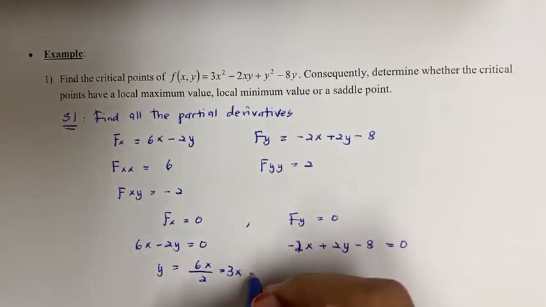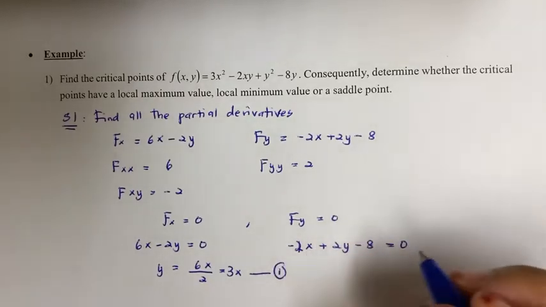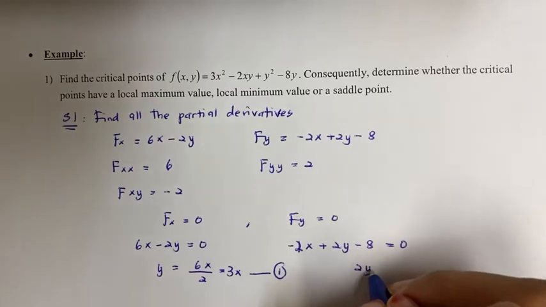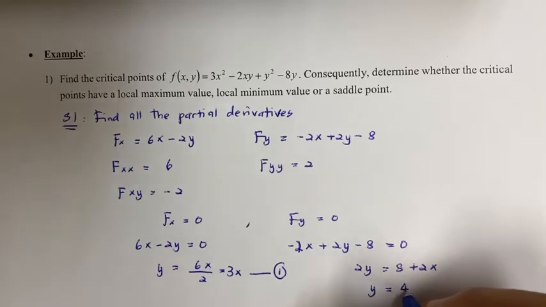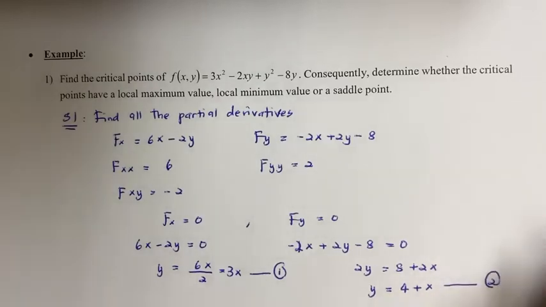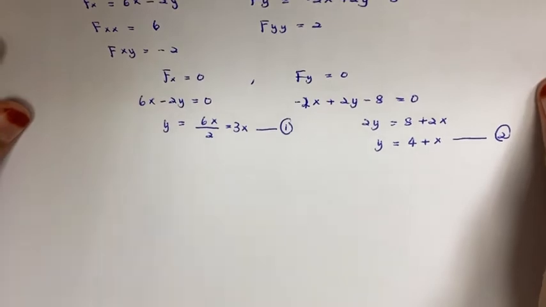Let this be your first equation. And then from the second, you have 2y equal to 8 plus 2x, so your y is equal to 4 plus x, and this is the second equation. So now you have the two equations here.